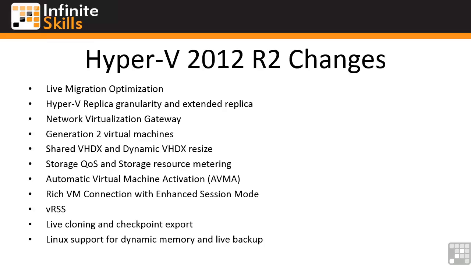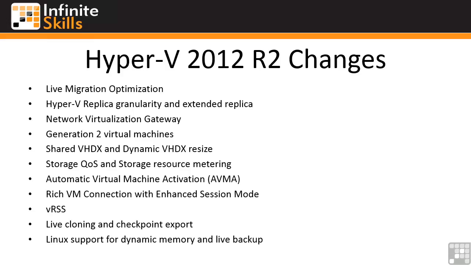There is now storage quality of service, so I can enforce minimum IOPS and be notified if it drops, and maximum IOPS to actually enforce, and storage resource metering, which I will cover in more detail. Automatic virtual machine activation enables me to activate my Windows Server 2012 R2 data center Hyper-V server, and then any virtual machine that's running Windows Server 2012 R2, this could be standard, data center, or essentials, will automatically activate.